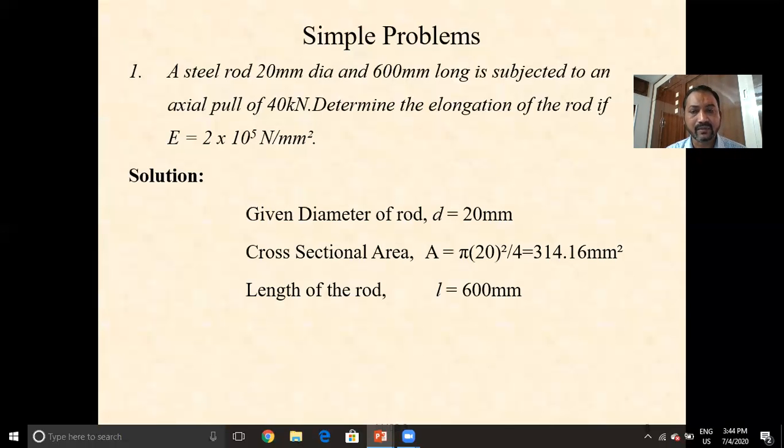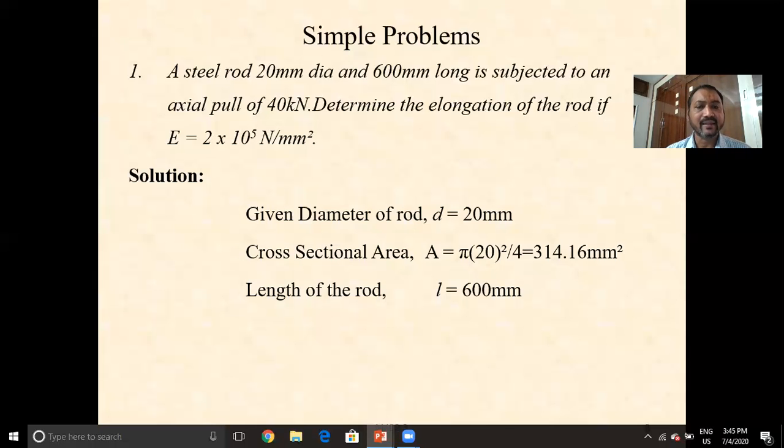Now you see, the given diameter of the rod is 20 millimeters. Therefore, the cross sectional area A is equal to pi by 4 into d square, that is pi by 4 into 20 square. It gives 314.16 square millimeters.